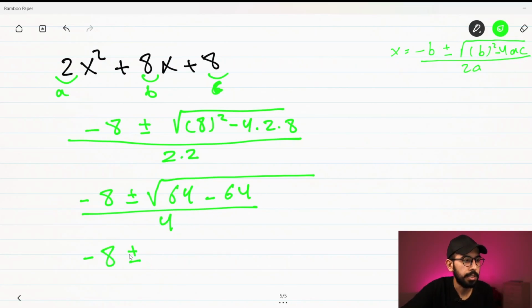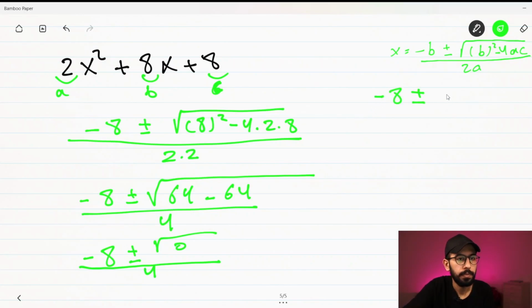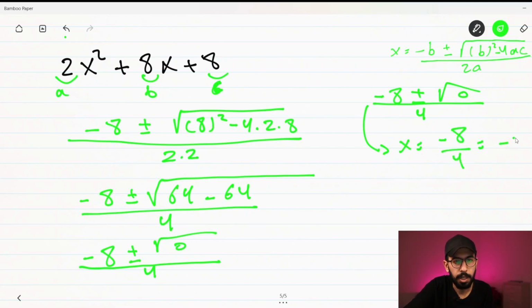That means we now have minus 8, positive or negative, the root of 0, and all of it is divided by 4. The root of 0 is 0, so our x will have just one result, which is x equals minus 8 over 4, which is minus 2.